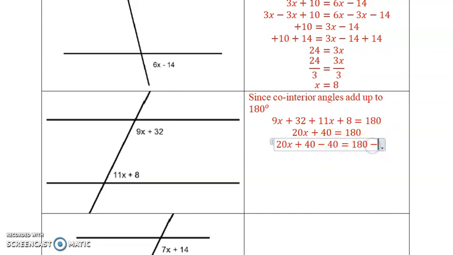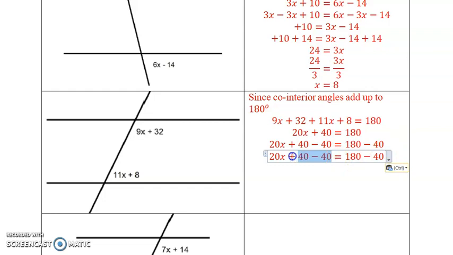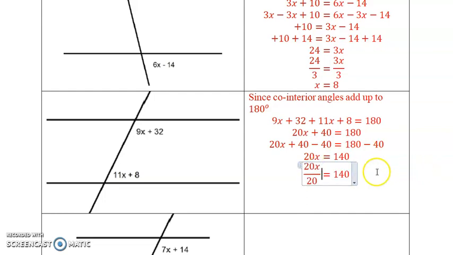So it cleans up. 40 subtract 40 is gone, leaving 20x on the left-hand side. 180 subtract 40 is 140. Now divide both sides by 20, and we're left with x equal to 140 divided by 20, which is 7.